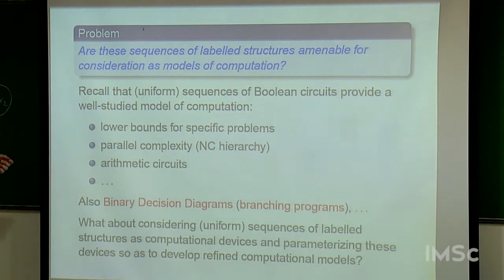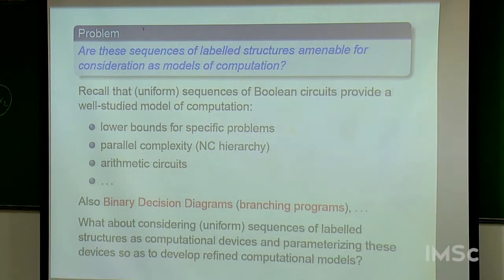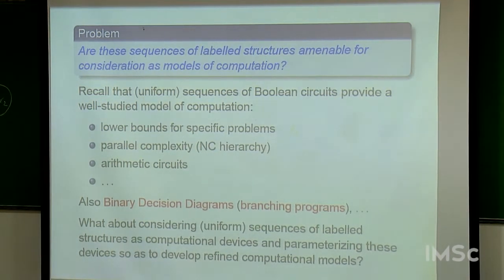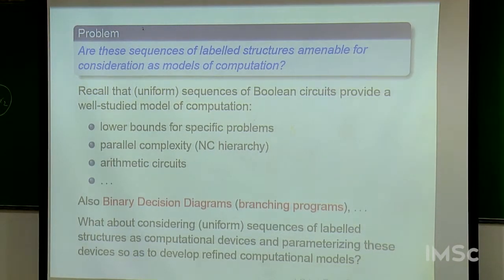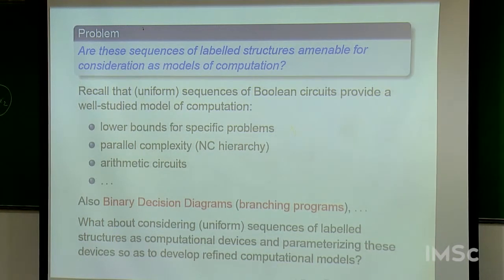Okay. And well, why not? Essentially, binary decision diagrams, or what used to be called branching programs, are labeled structures of a type. And there might be mileage in looking at labeled structures as computational devices and using completeness via quantifier-free projections to give us some idea of the power of these new computers.